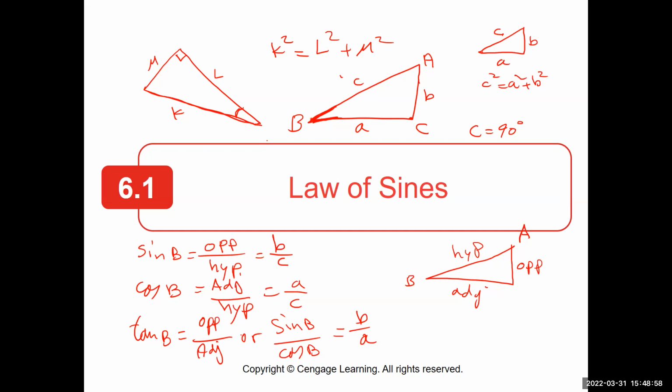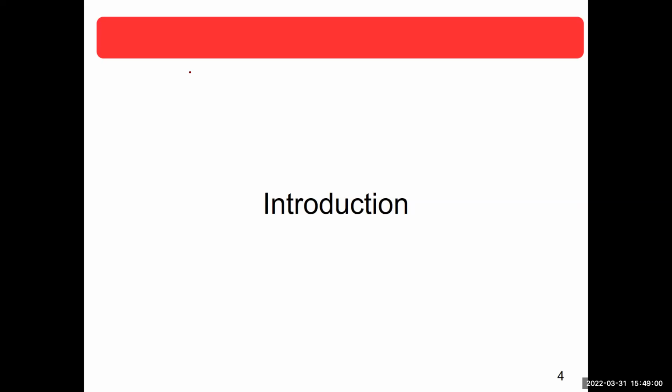Well, let's look at a general triangle. If I have a triangle like that, with no 90 degree angle, with A, B, and C, the edge c is always facing angle C. If this is angle A, this is edge a.